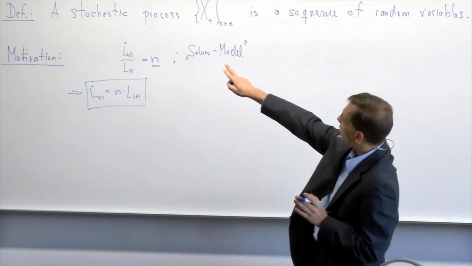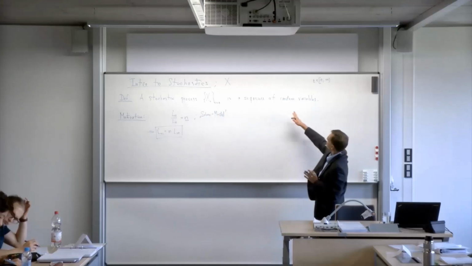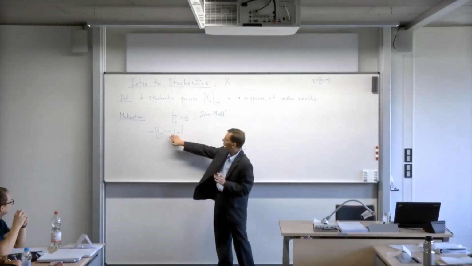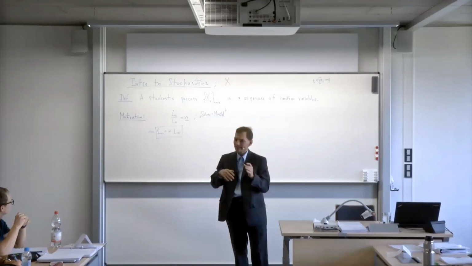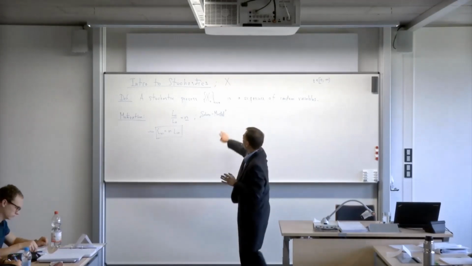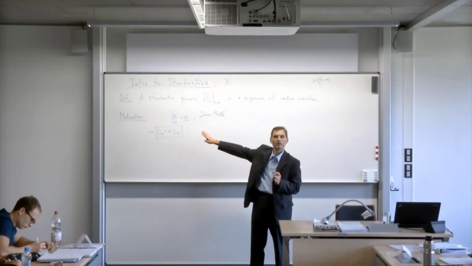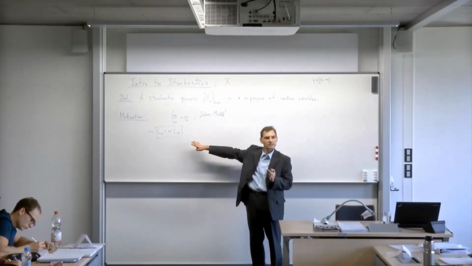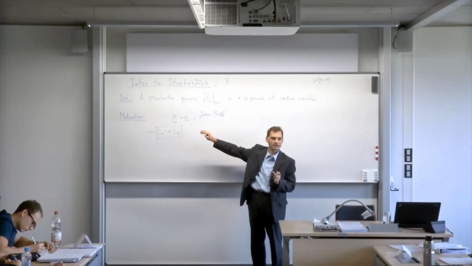So when we talk about a stochastic process, it is a sequence of a random variable over time. Definitely what will pop up later on many times are certain differential equations. And due to the fact that we have a stochastic variable, we will see that they are not ordinary differential equations, they are so-called stochastic differential equations.